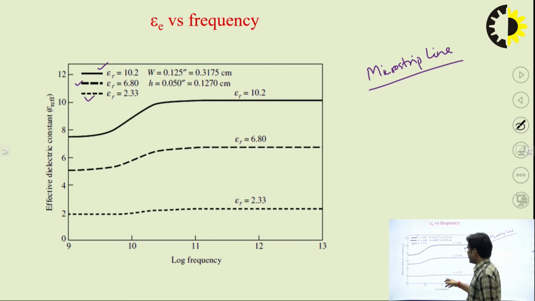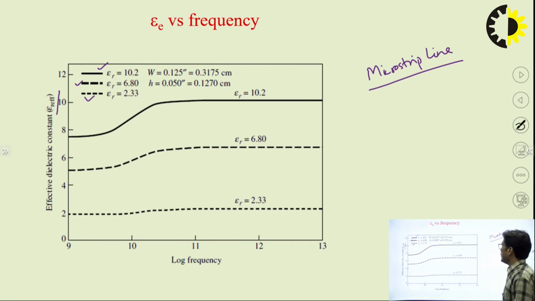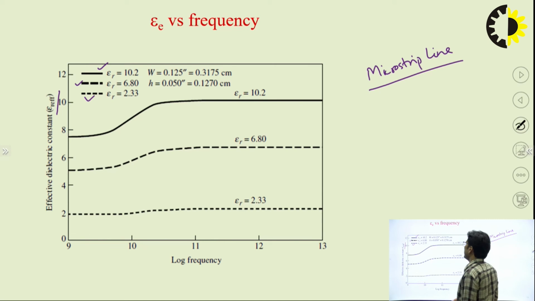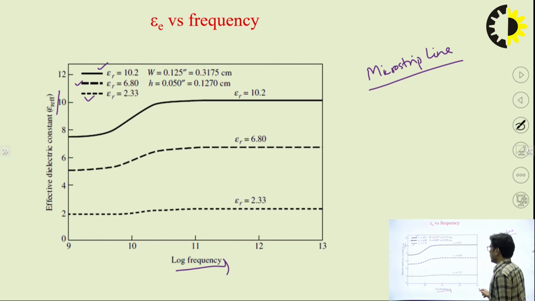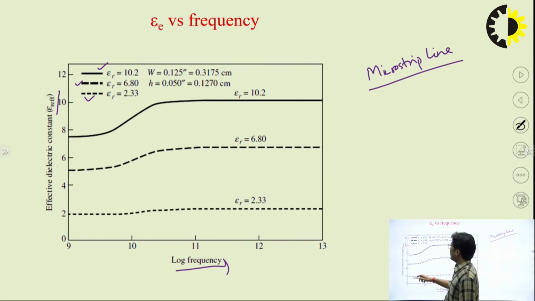This is the effective relative permittivity, as we discussed in the last slide. So the effective relative permittivity also depends on the frequency. So this is a graph of frequency versus effective relative permittivity. You can see here it starts from 9 to 13 on one axis, and from 0 to 12 on the frequency axis.